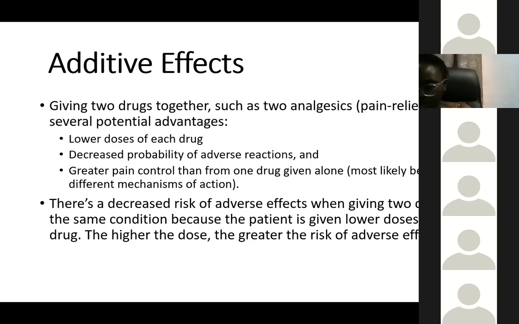This is usually because they have different mechanisms of action. Paracetamol acts differently from codeine, but when you give the 2 of them together, their effects add on. And also, there's a decreased risk of side effects because you are giving lower doses of the drug.